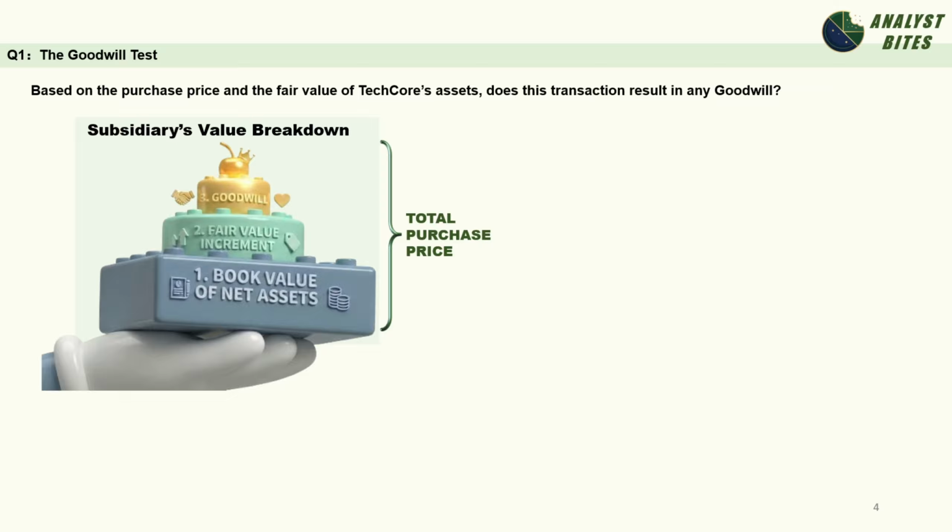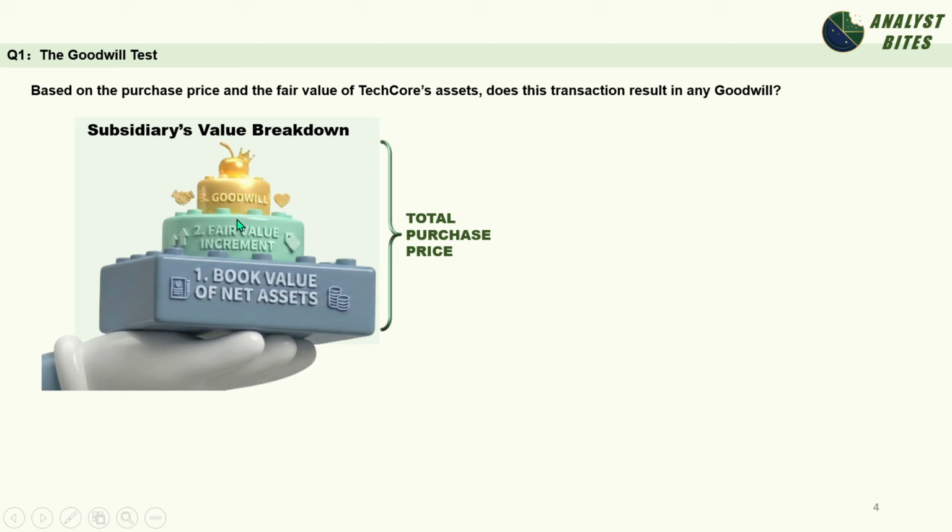This is the most basic layer, simply total assets minus total liabilities on the balance sheet. Second, fair value adjustment. This is the difference between an asset or a liability's market value and its book value. In the CFA exam, you will mostly see this in fixed assets and inventory.